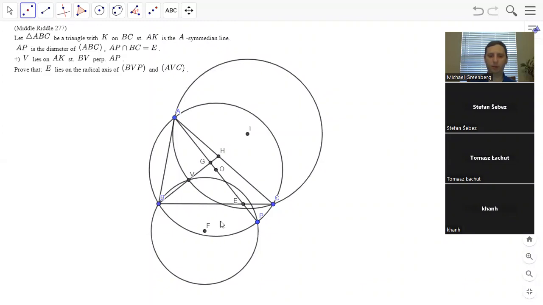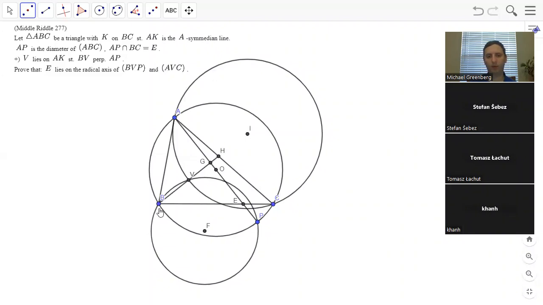But if we take the difference between the power of E with respect to this circle and ABC, that would be 2OF times the distance from E to BP. And similarly, it would be 2OI times the distance from E to AC. And the ratios of those two distances should just be AC over BP.